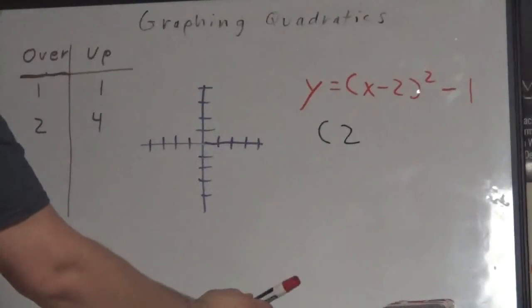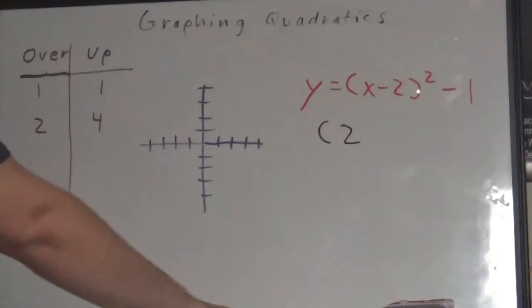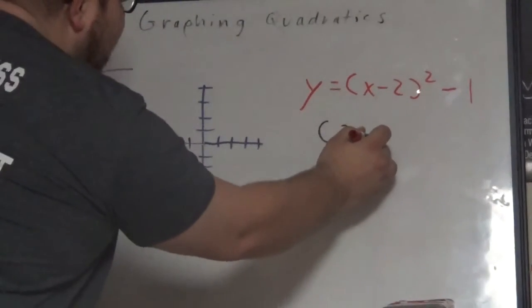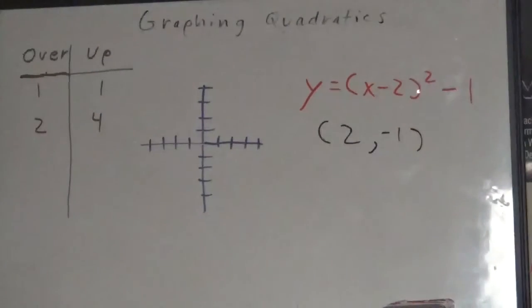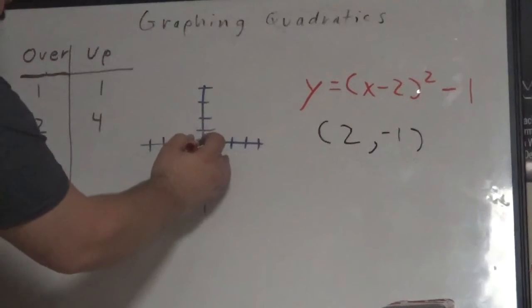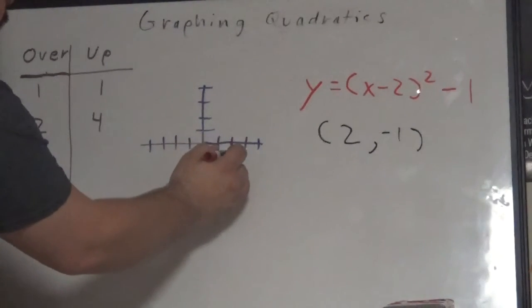And then the number off to the side by itself, the constant, -1, that's going to stay the same. So we have (2, -1) as the vertex. And we're going to plot that vertex: over right 2, down 1, make a point.